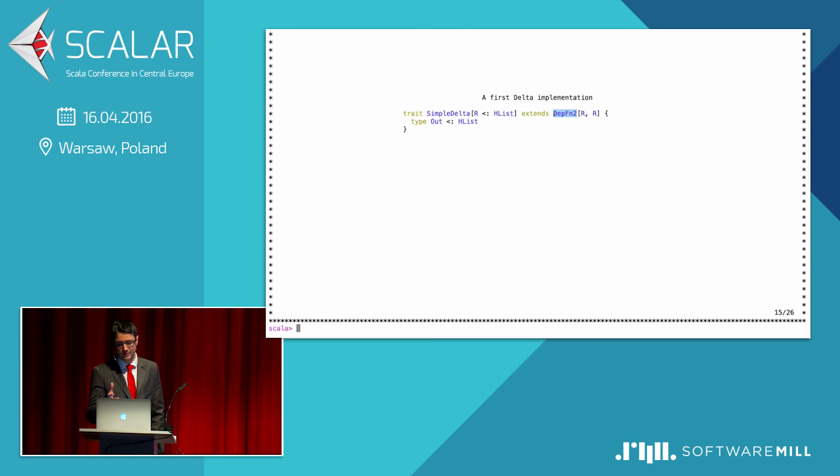It's a kind of function whose return type varies according to the input type. And that's why here we have to define an abstract type member named Out. And here we say, okay, we don't know yet what the result type will be, but we know it will be a HList.